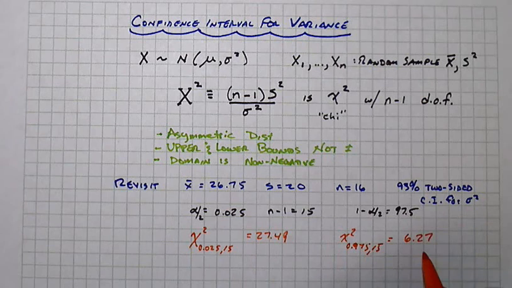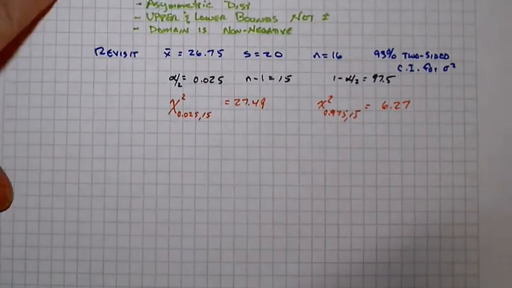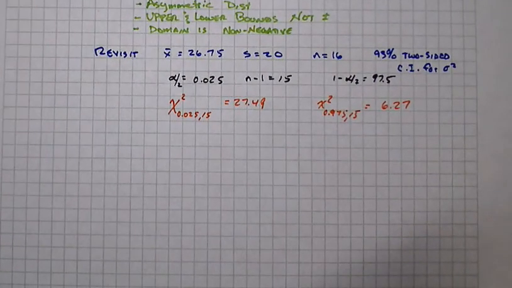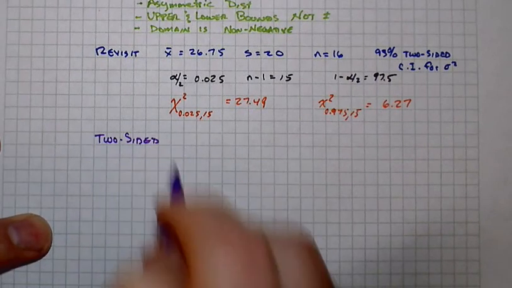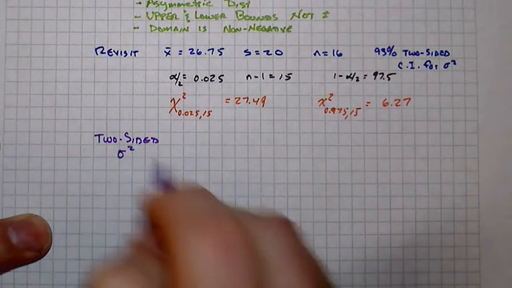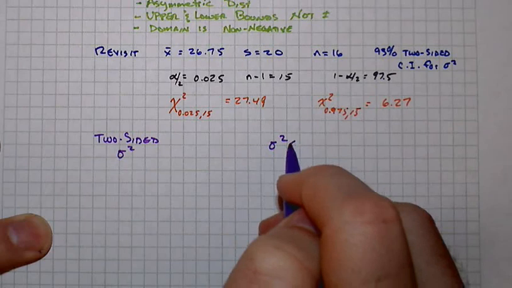Now this will temporarily look kind of goofy because this looks like the lower and upper are swapped. Wait a minute, what's going on here? Before we chug numbers, let's go back for a second and formalize how we're going to get this two-sided interval for the variance.